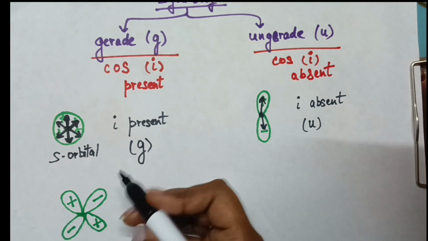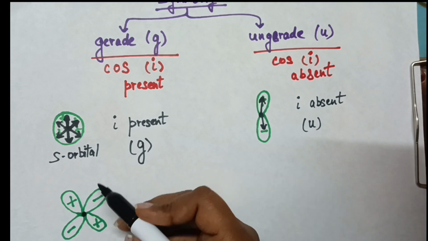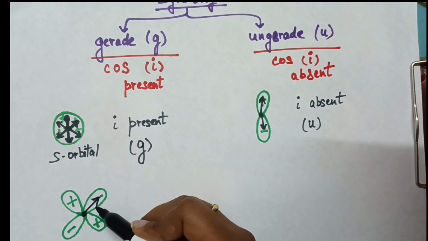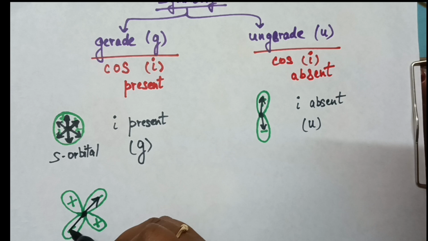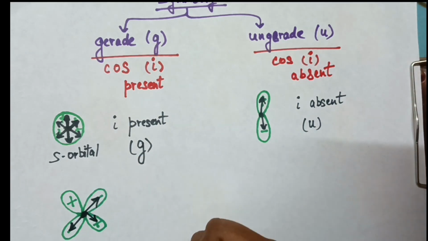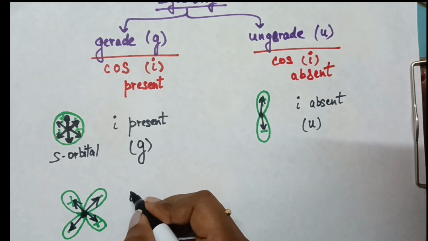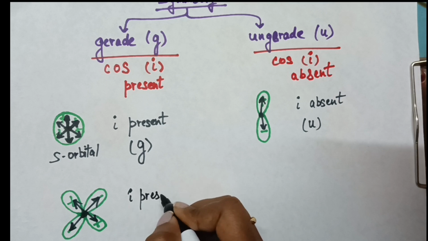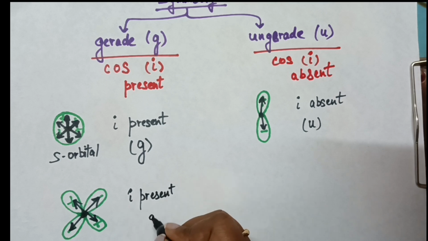So what will I do? This is the center. From here I'll try to move in this direction, negative sign, and in the opposite direction again negative sign. If I'm moving in this direction, positive sign, in this direction again positive sign. So I'm finding the same signs in opposite directions. In this case, i is present, so the orbital is gerade, right?